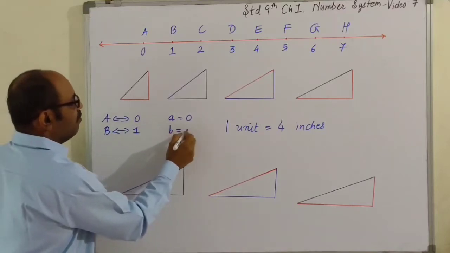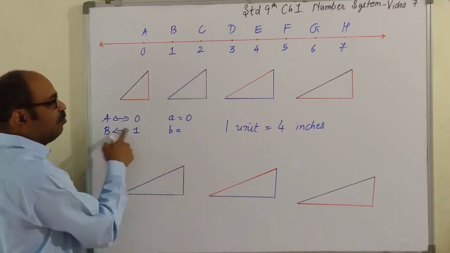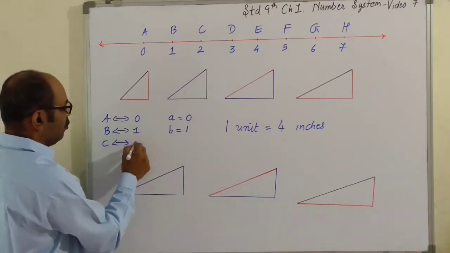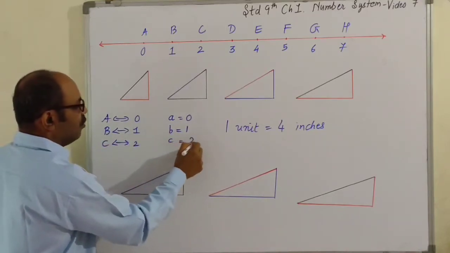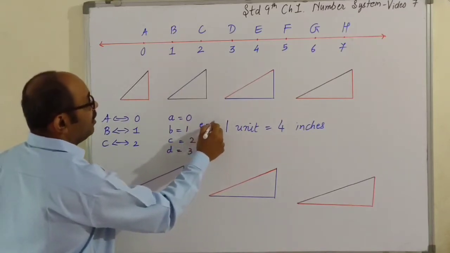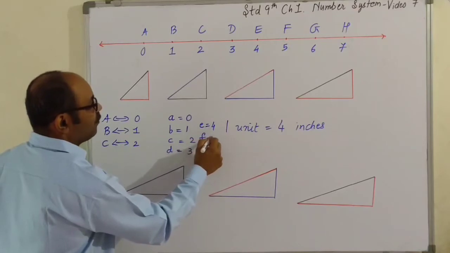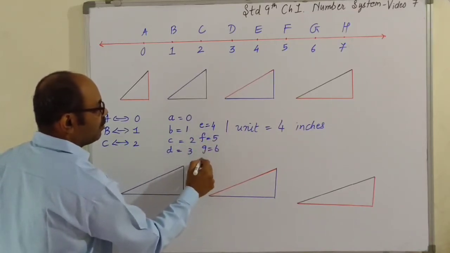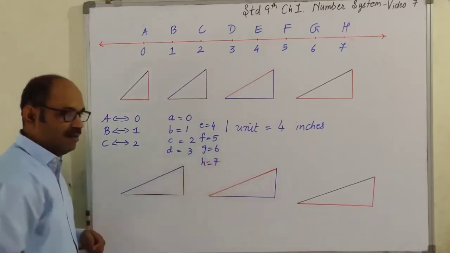So you can say the real number corresponding to B, we call it small b, that is 1. C corresponds to 2, so small c is 2. Small d is 3. Small e is 4. Small f is 5. Small g is 6. And small h is 7.